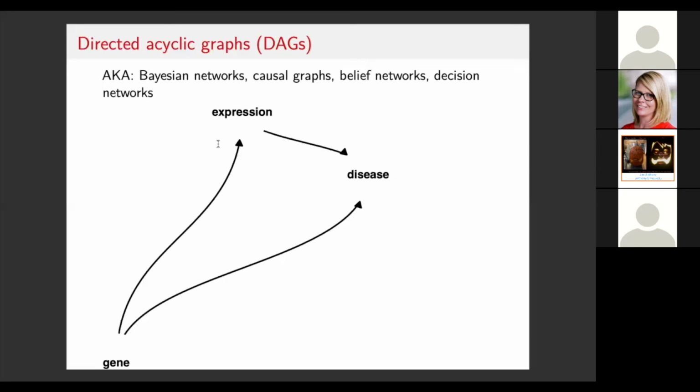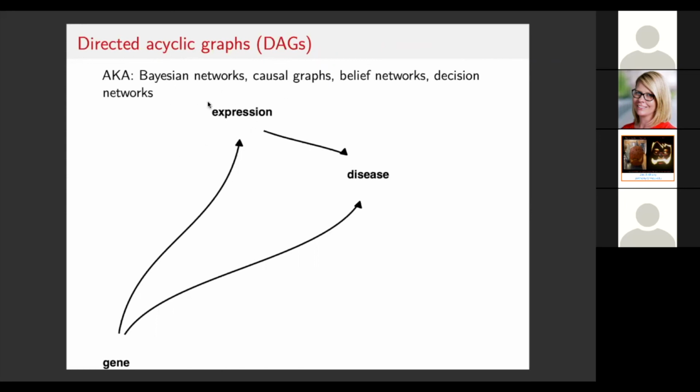So that would be the framework expressed in terms of this graph. Each arrow indicates one way to express the causal information: that gene is acting through the expression of that or another gene in order to cause the disease.